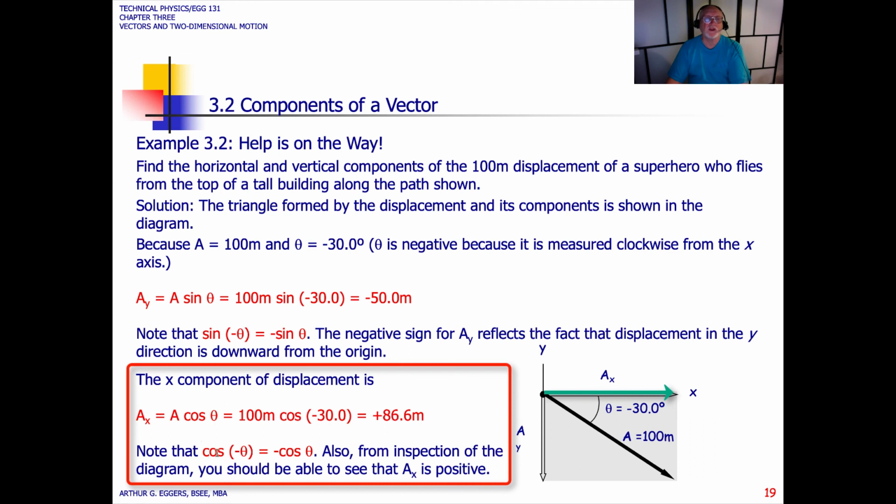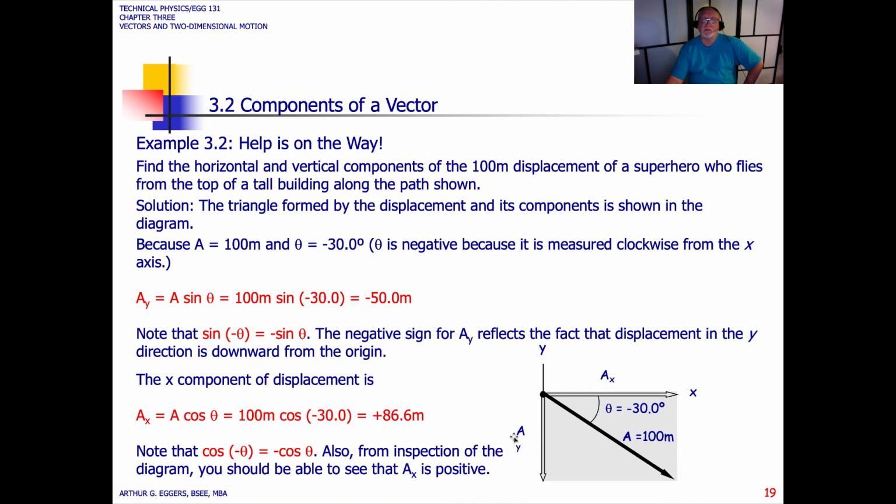Note that cosine of negative theta also equals cosine of theta. Also from inspection of the diagram, you should be able to see that. So all we've done is we've taken the displacement, 100 meters, and the fact that we had a 30-degree angle from the horizon or the horizontal, and calculated for our two components, a sub x and a sub y.